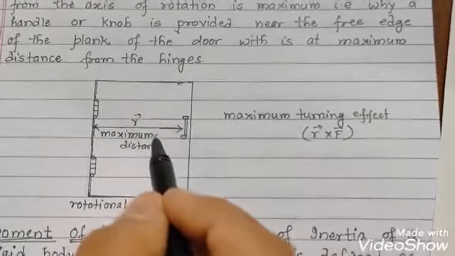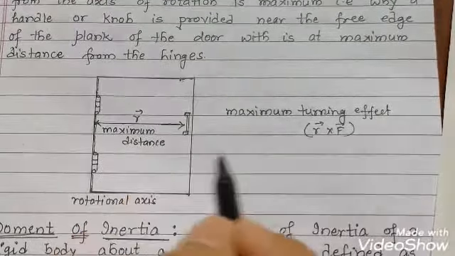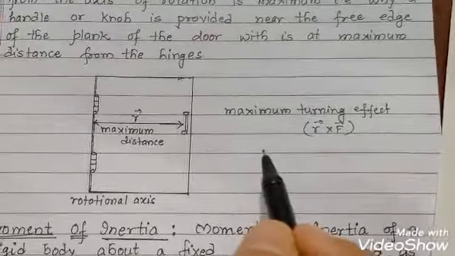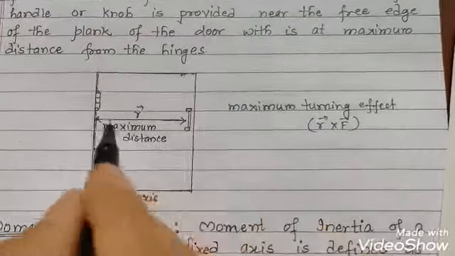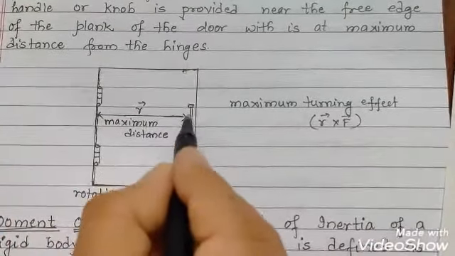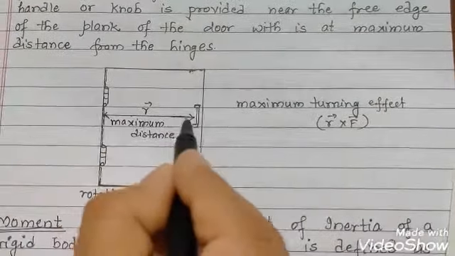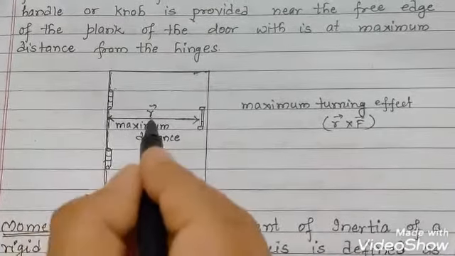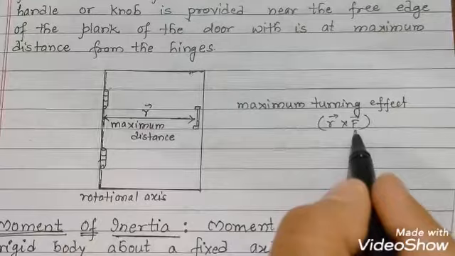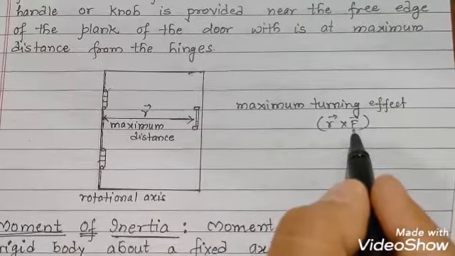That is why a handle or knob is provided near the free edge of the plank of the door, which is at maximum distance from the hinges. Suppose this is the knob of the door, it is at the maximum distance from the hinge or the rotational axis. So if r is maximum, with less F we can produce the same turning effect.